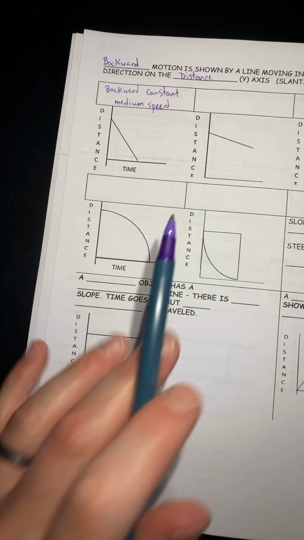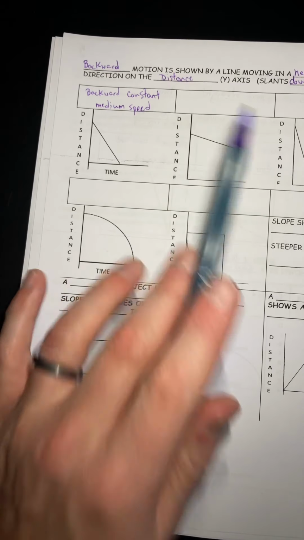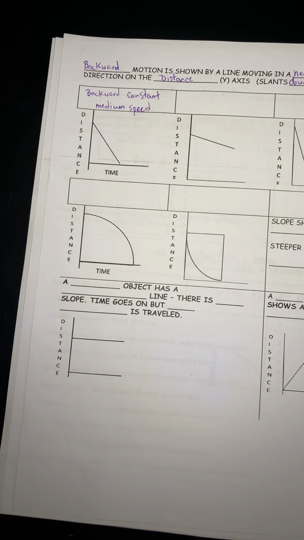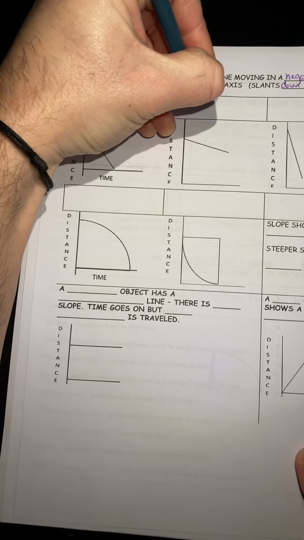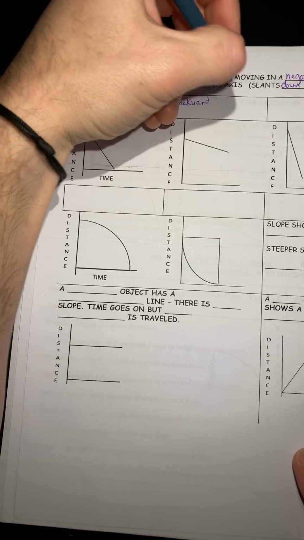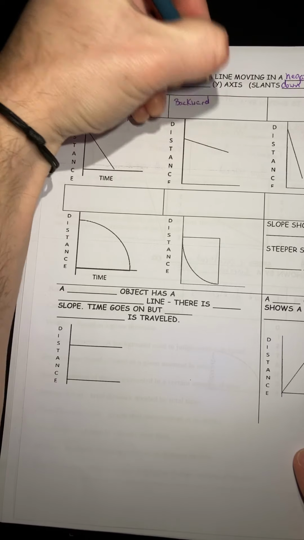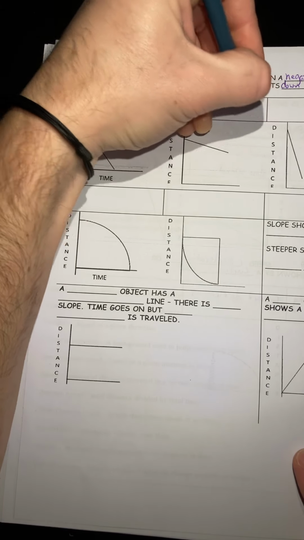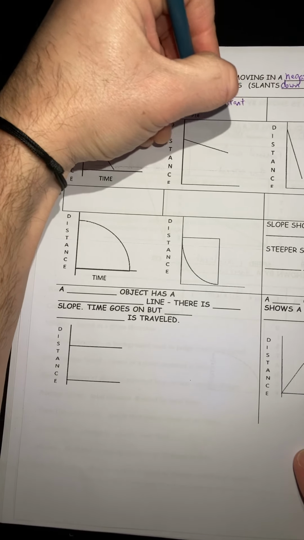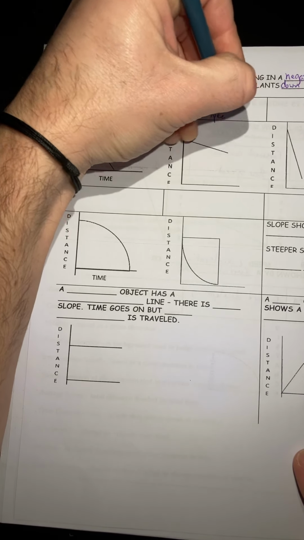All right. Second one. Forward or backward? Backward. Constant or changing? Constant. And this one is slow speed.